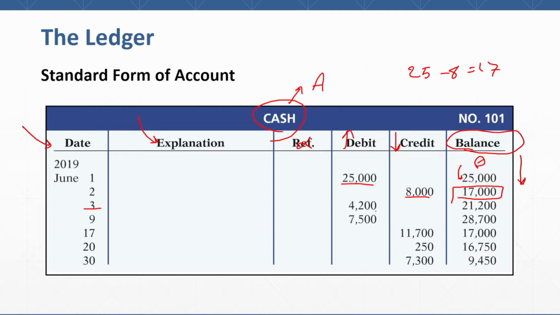We are debiting, so it increases our balance. Our previous balance, $17,000, plus the new amount is now equal to 21,200. And so on and so forth. It goes down all the way to the end of the period.